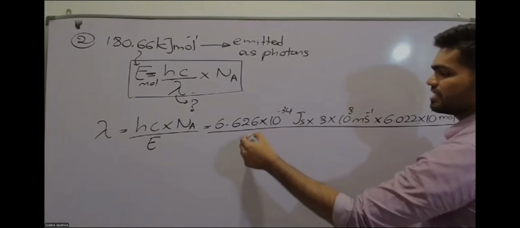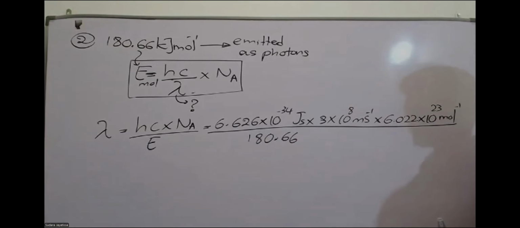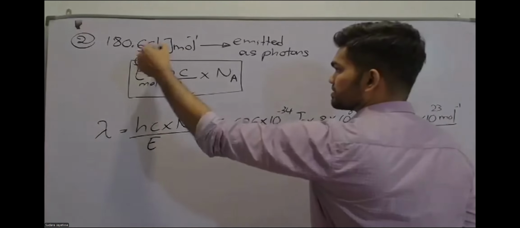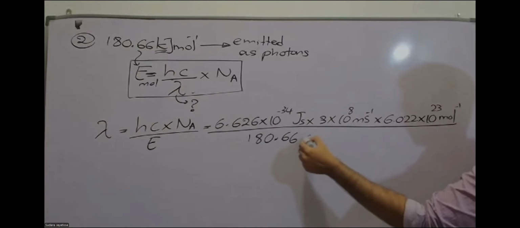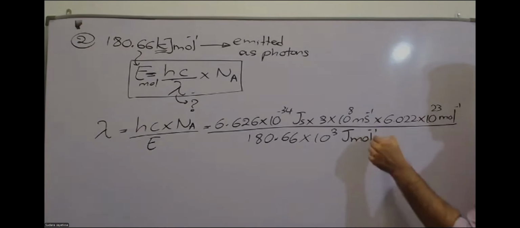Then divide by the energy, it is 180.66, and focus on that, it is given in kilojoules. So we can't apply kilo here, so let's convert it into joules and apply joules per mole.